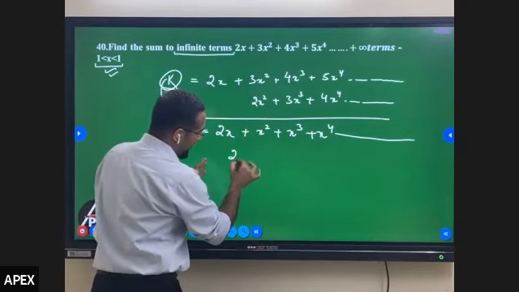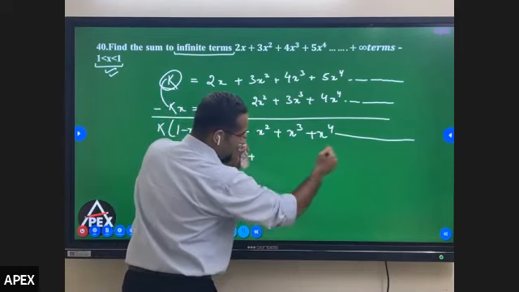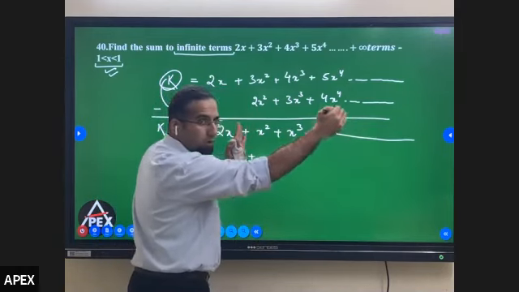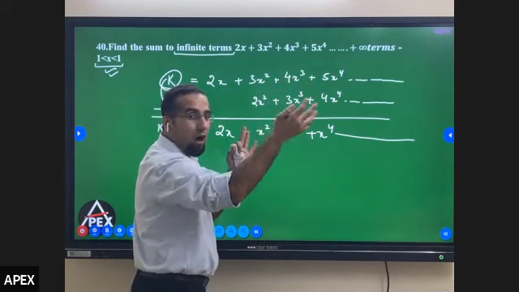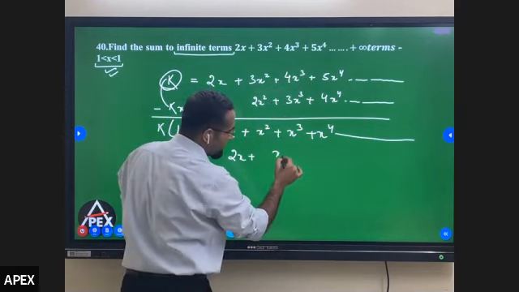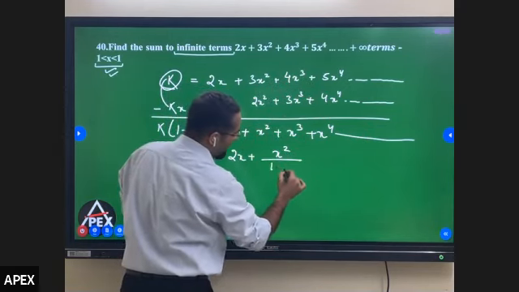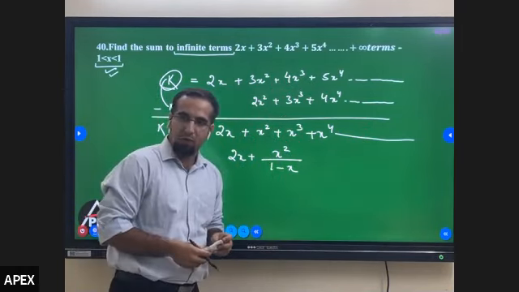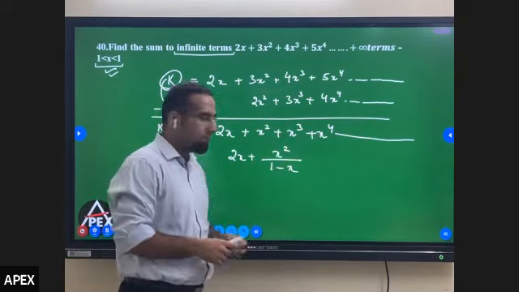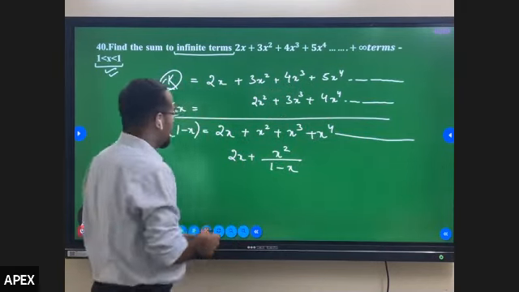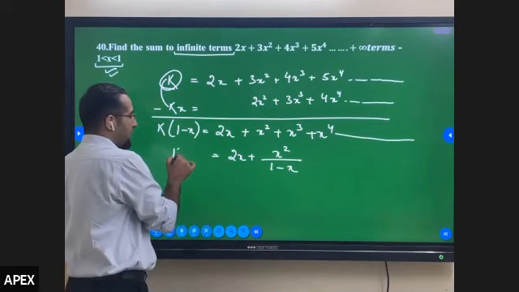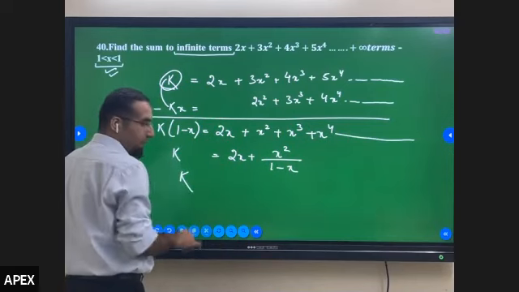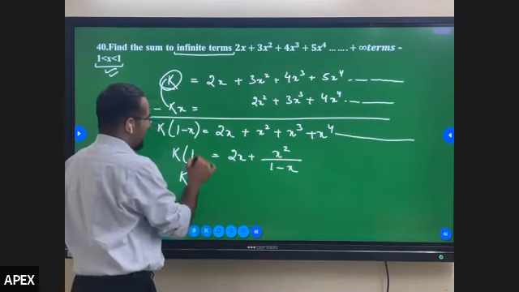So this becomes 2x. The sum of an infinite GP is nothing but a by 1 minus r. So a here is x square and r is x. So x square by 1 minus x becomes the sum of this part. I have a 2x separate, which is equal to k into 1 minus x.